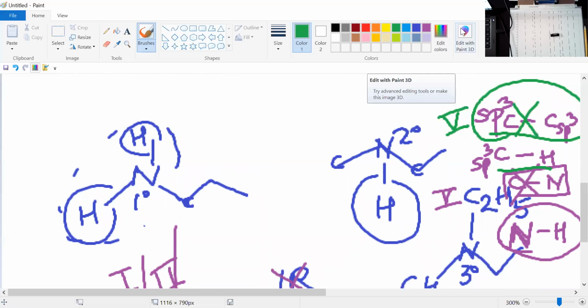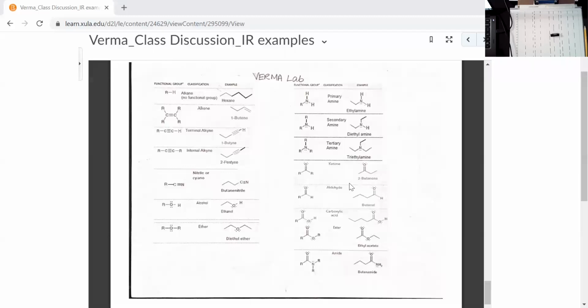But understand how we know what is a primary, secondary, and tertiary amine. Moving forward, a ketone will have a setup of carbon, carbonyl, and another carbon. Whereas an aldehyde will have a carbon on the carbonyl and a hydrogen on the other end.